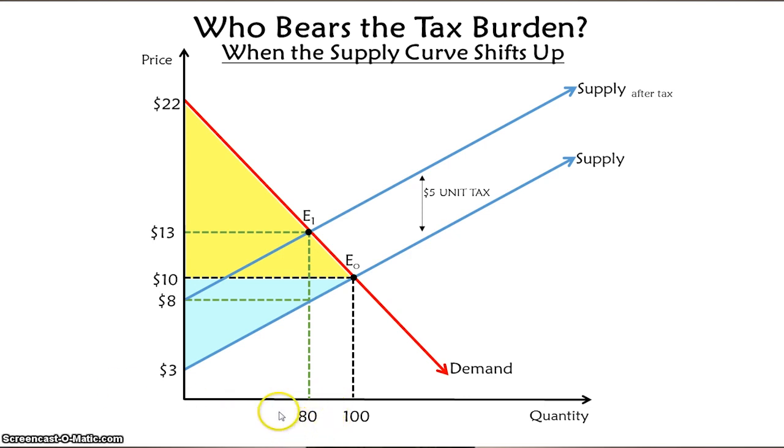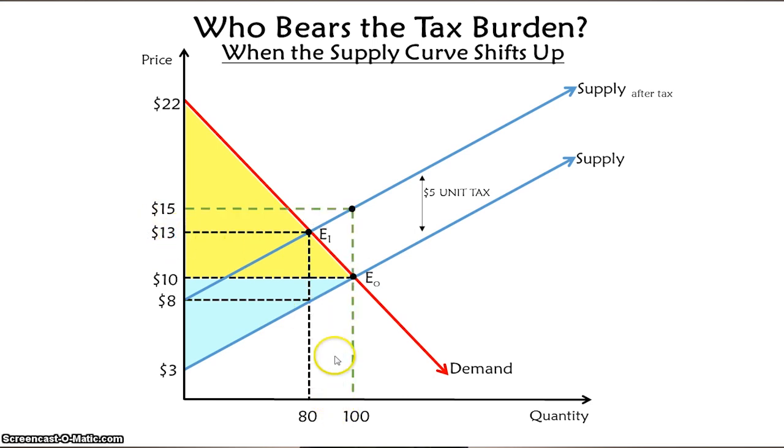For example, producing the 80th unit costs the producers $8 to produce. This cost of production does not change due to the imposition of tax. Hence, the producer will produce the 80th unit only if he were paid the full cost plus the tax. For this to happen, the consumers need to pay $13.